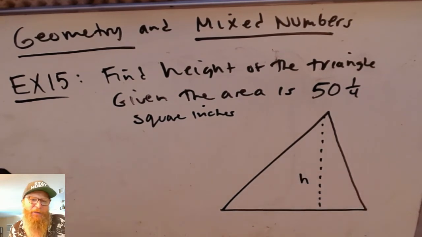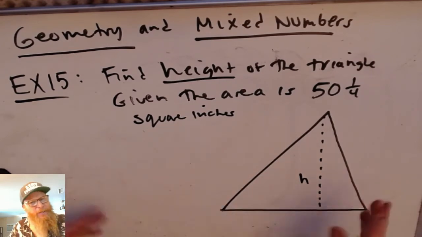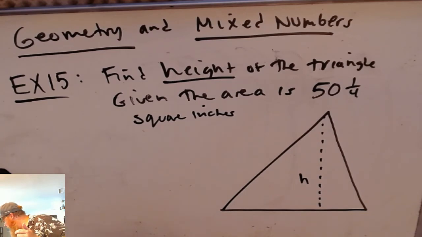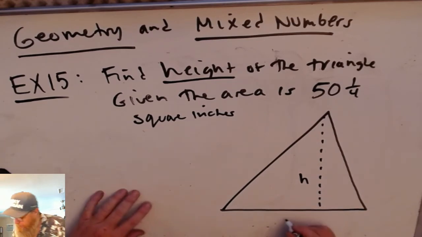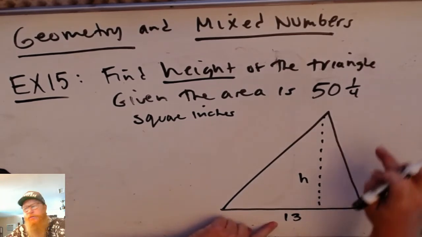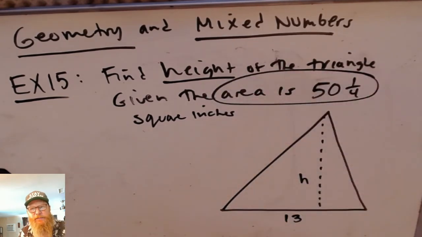We already have done problems finding the area. Now I want you to find h. So it fits right in with this lesson of solving equations. The base of the triangle is 13. So I'm giving you the base, and I'm giving you the area, and you're going to tell me what the height is.